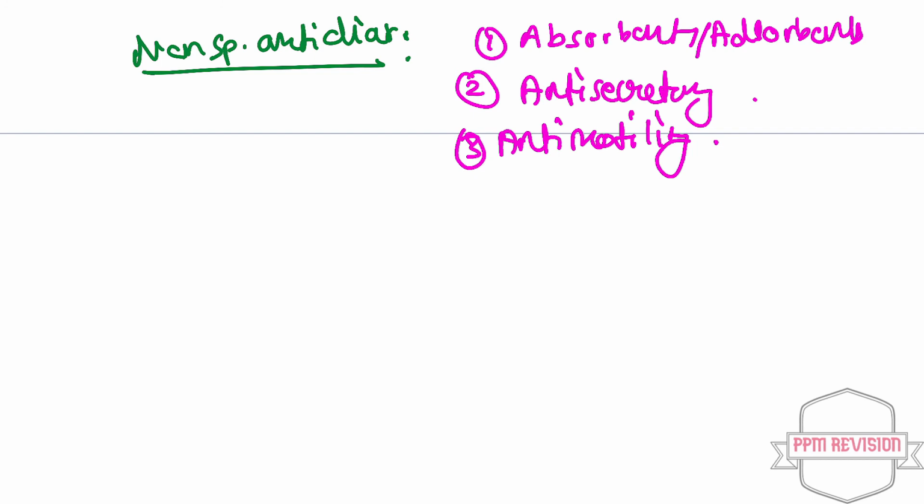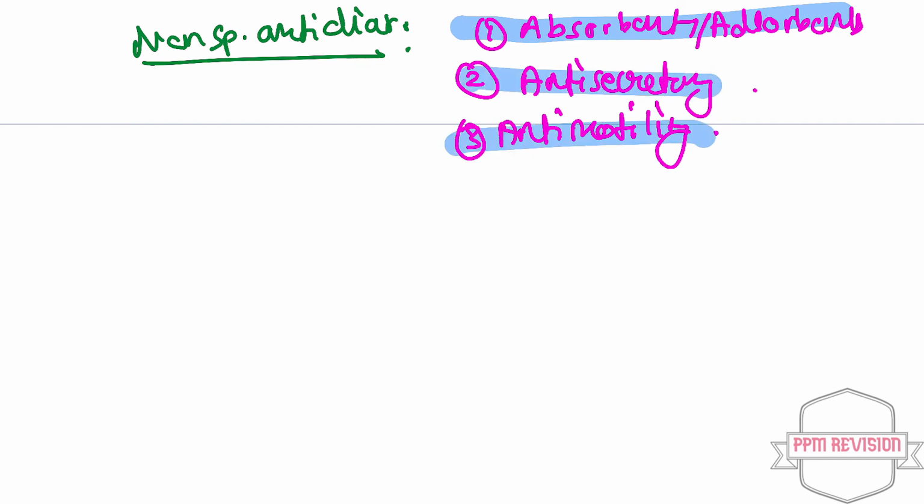Okay, that's all. Let me read it out again: absorbents, anti-secretory, and anti-motility. Now, as a whole, I'll just be summarizing the diarrheal drugs. Where is it? It's here.